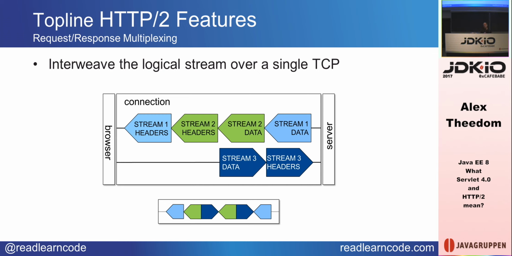And what the browser does is it collects together all of these frames and reconstructs the actual response. Now, at the same time that the server is sending responses back to the browser, the browser is sending requests, as you can see in stream 3, to the server. So you've got a header and a data. And it's always broken up like this. So headers are separate from data.